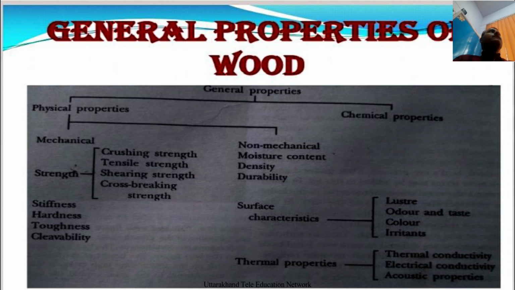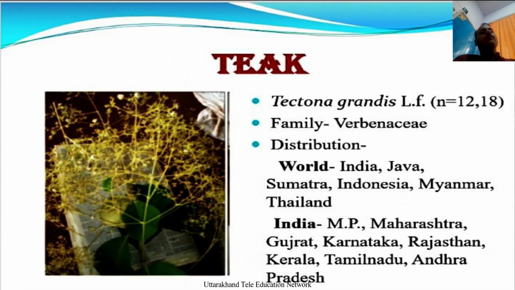And these chemicals determine several properties of that wood, and it is also considered before utilizing wood for some specific purpose. So these all were general properties of wood. Now one by one we will move to all the important 5 timber yielding plants.